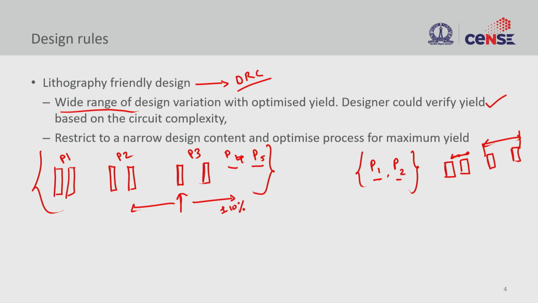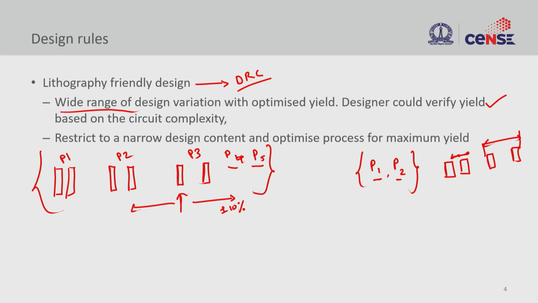So there is both advantage and disadvantage in going for a large number of variety. At the same time, circuits are complex. So there is a critical point that if you can't yield all the variation, your final circuitry might not perform optimal. On the other hand, we restrict the available design, right.